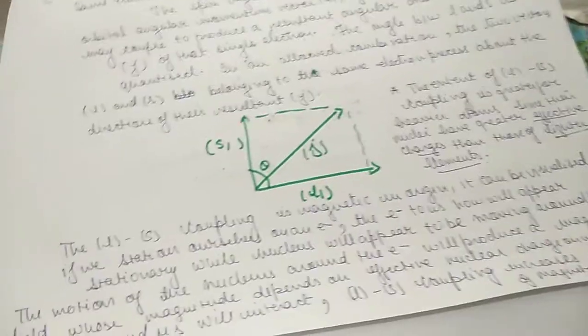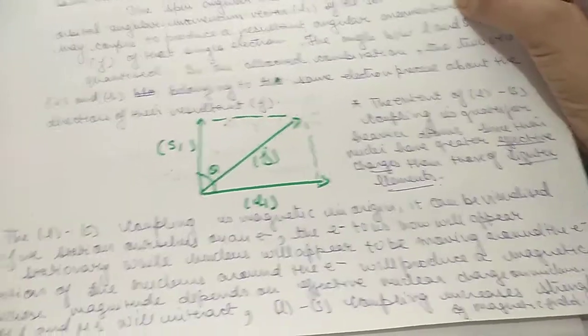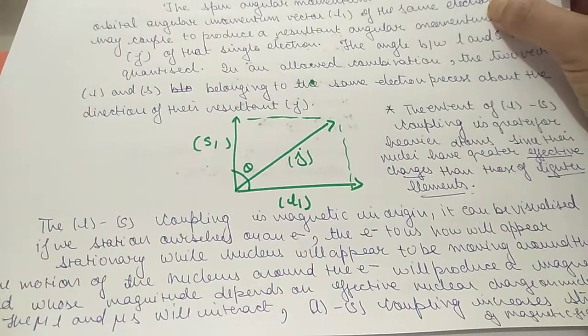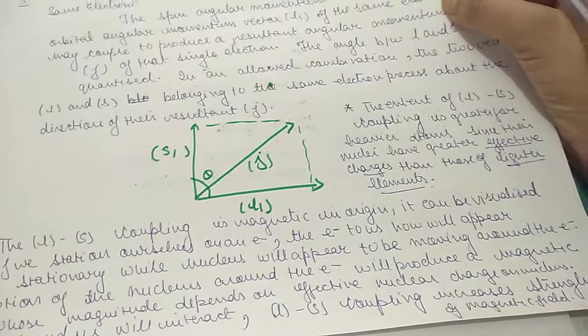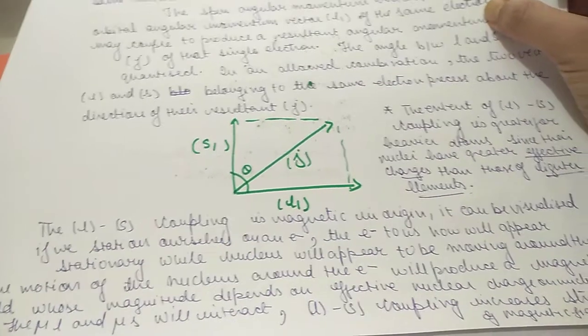The motion of the nucleus around the electron will produce a magnetic field whose magnitude depends upon the effective nuclear charge on the nucleus.